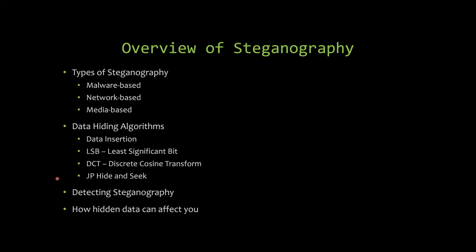In addition to DCT, or discrete cosine transform, in which we're modifying the DCT coefficients of a file to be able to actually embed data like that as well. And then finally, there's something called JP Hide and Seek. That is a tool that is used to embed content within something like a JPEG file.